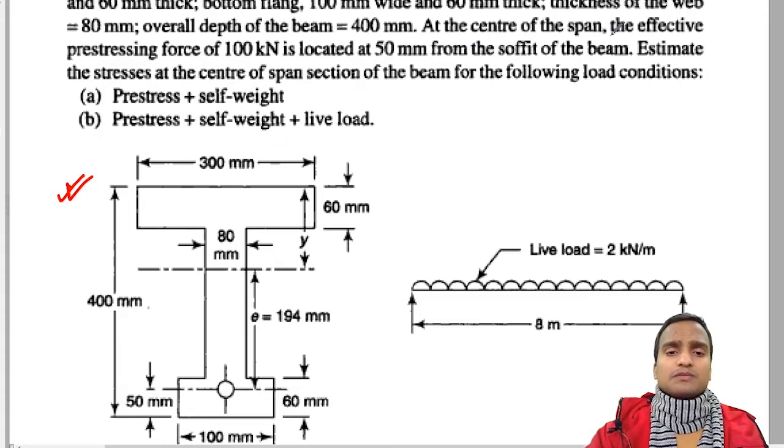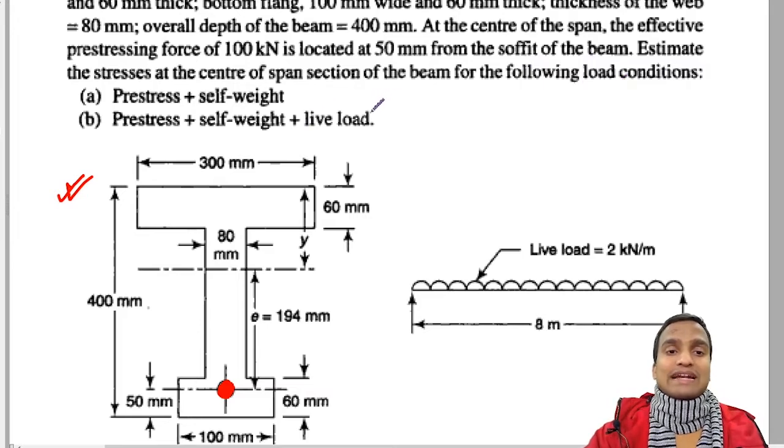At the center of the span, the effective pre-stressing force of 100 kilonewton is located at a distance of 50 mm from the soffit. So this is my tendon location, at a distance of 50 mm from the soffit, meaning the bottommost fiber.